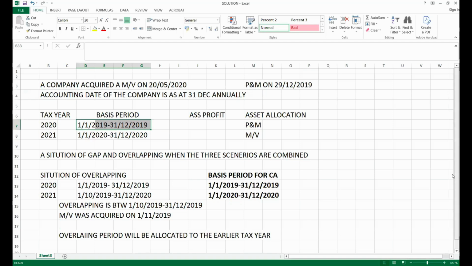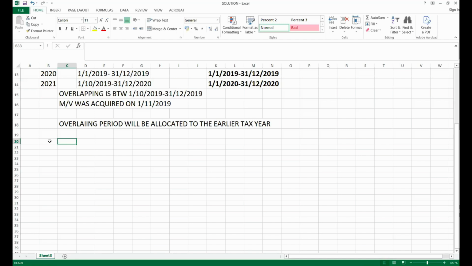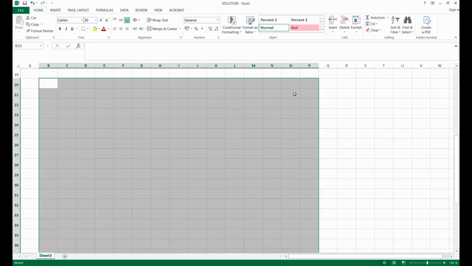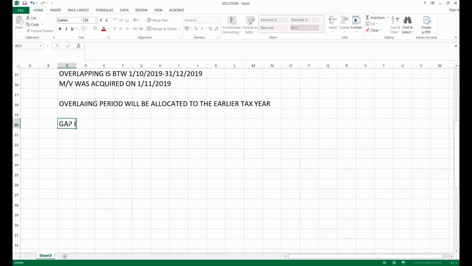So that is for that. Then we also have a scenario. When the three scenarios are combined together, you may also have a scenario called a gap in basis period. So you may also come across that gap in basis period. What do we mean by this period of gap? Let's say we have 2020, we have 2021. So you have a period of 1/1/2019 to 31/12/2019.